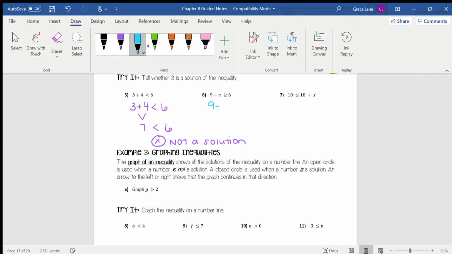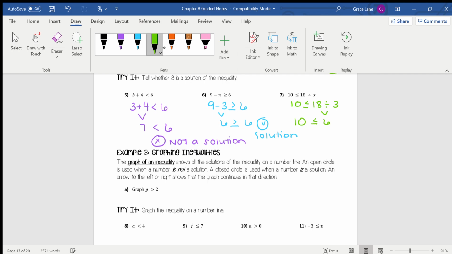9 minus n, we said n is 3, greater than or equal to 6. 9 minus 3 is 6. Is 6 greater than or equal to 6? Yes. So it is a solution. I'm making check marks. That's a check mark, not a V. And then the last one, 10 is less than or equal to 18 divided by x, which is equal to 3. 18 divided by 3 is 6.